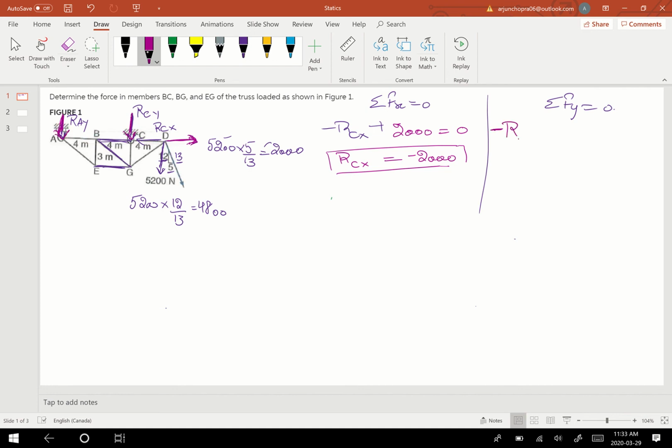So negative RAY, negative RCY, negative 4800. That's how I'm gonna write it, equal to 0. So I'll take negative common from these two, plus RCY equal to, this goes on the other side, becomes 4800. So I can now write RAY plus RCY equal to negative 4800. This will be my equation.